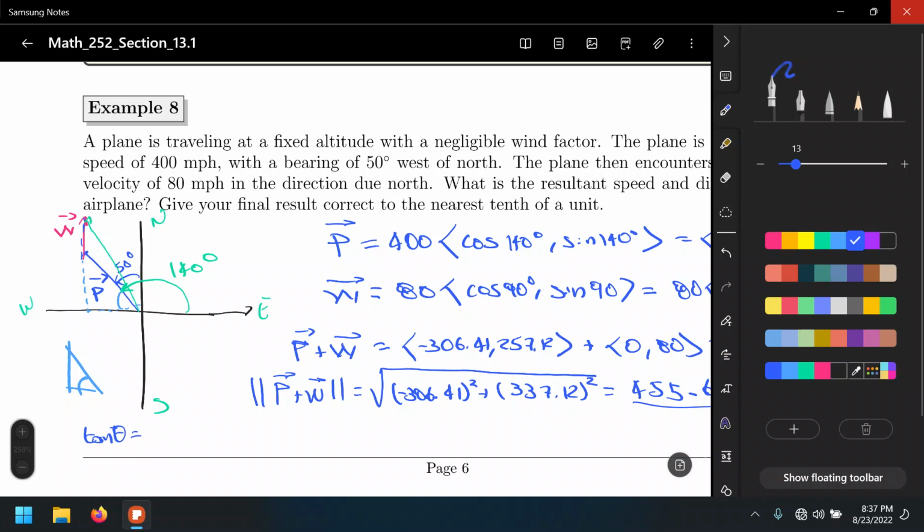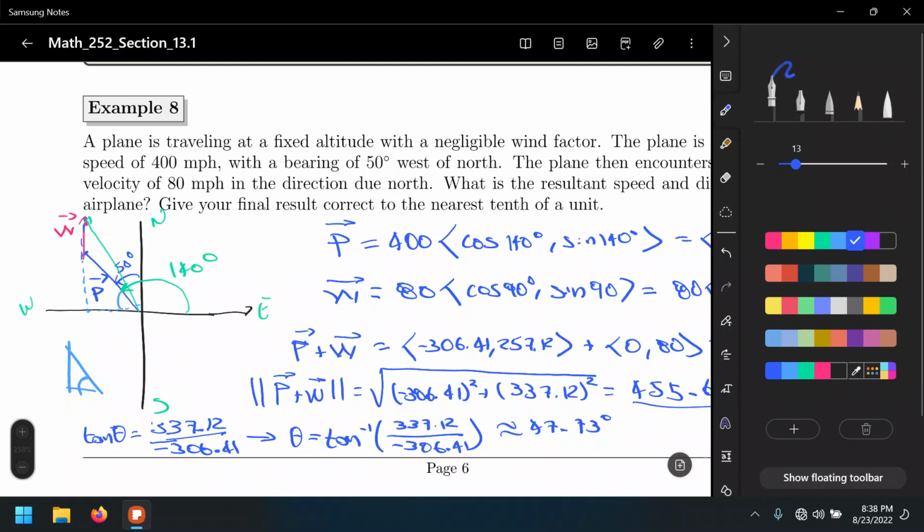Tangent theta equals y over x, which in this case is 337.12 over negative 306.41, and we should get 47.73 degrees.